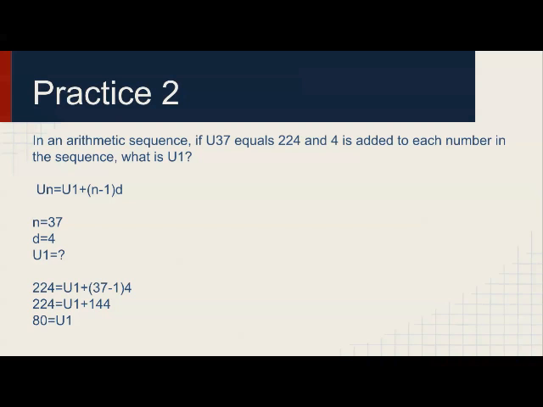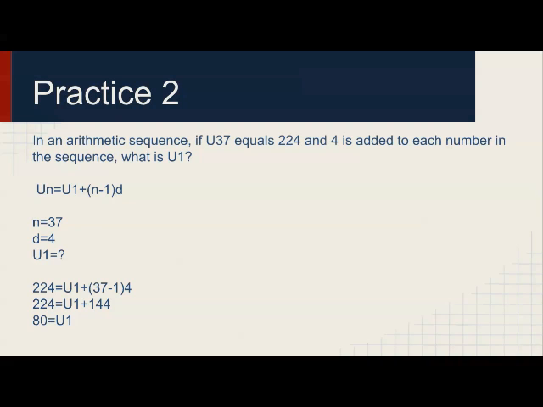It's the same idea. You just have to break it down and plug in all of these numbers. So we have our n, U37, so 37 is n. d is 4, because 4 is added to each number in the sequence. And we don't know what U1 is.